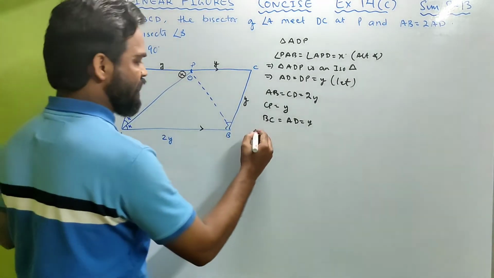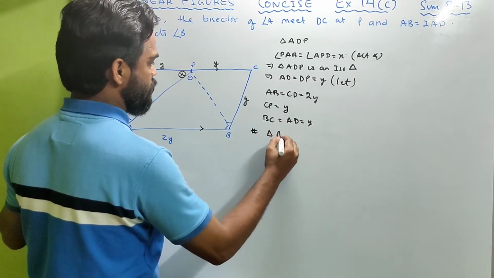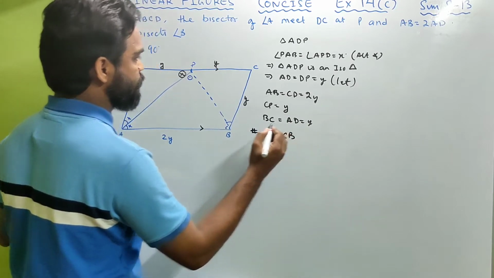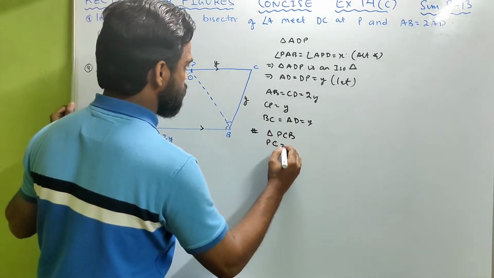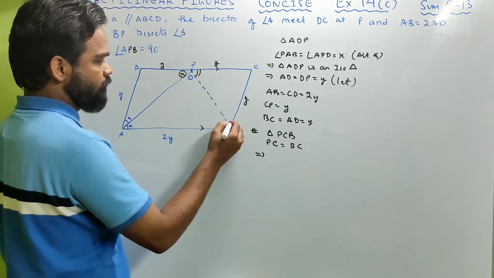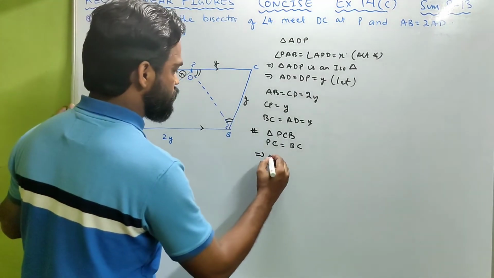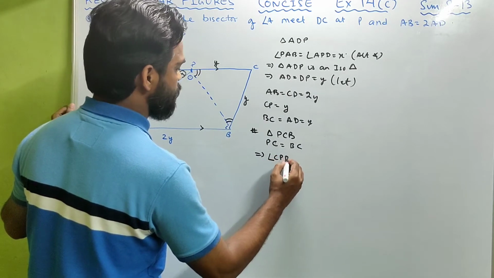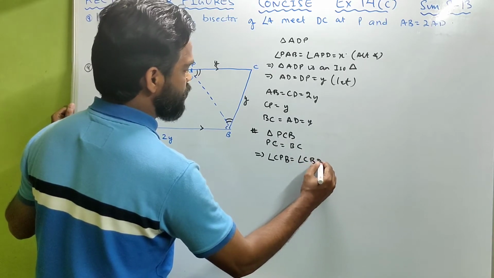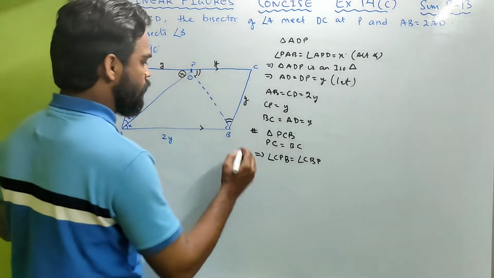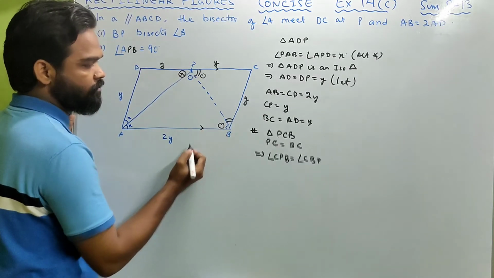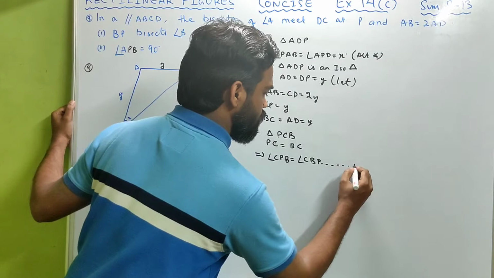Now look carefully. In triangle PCB, PC is equal to BC, which means this angle and this angle will be same, which means angle CPB is equal to CBP, isn't it? Suppose this is 1.